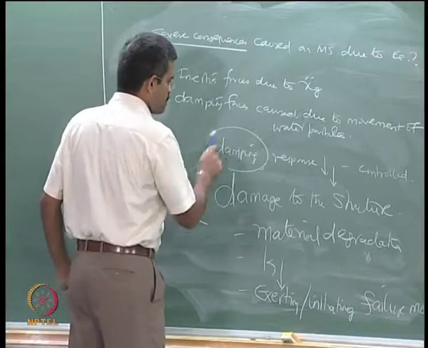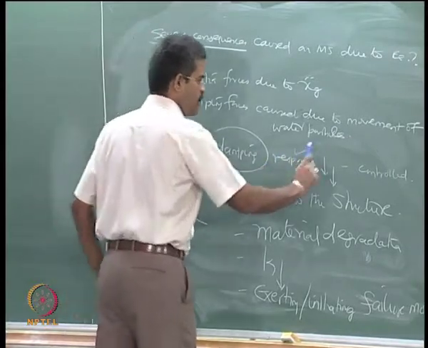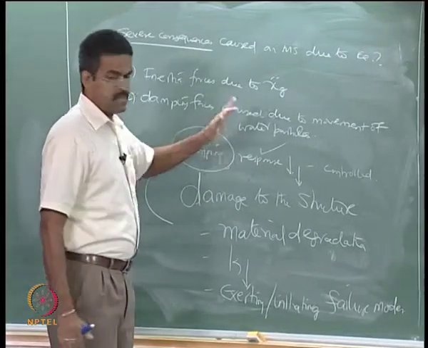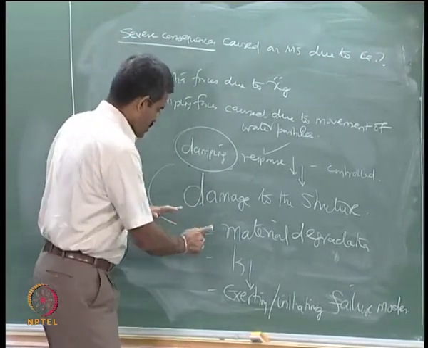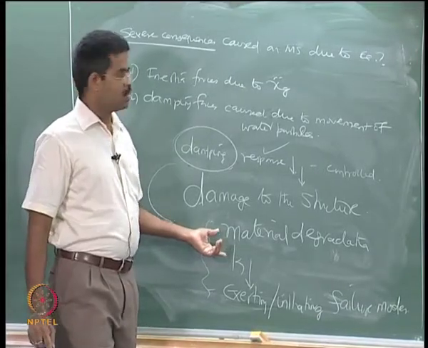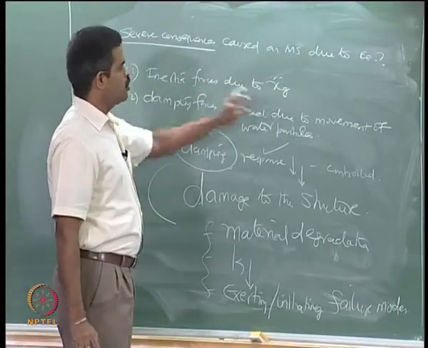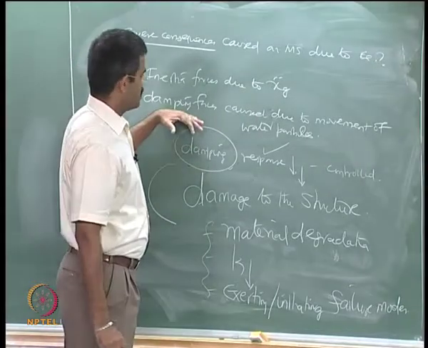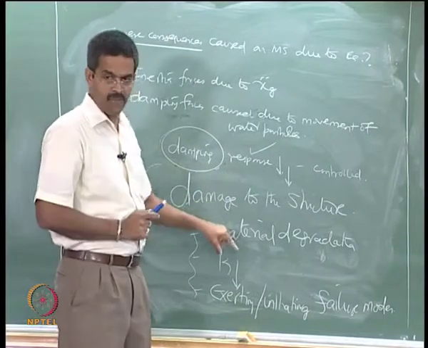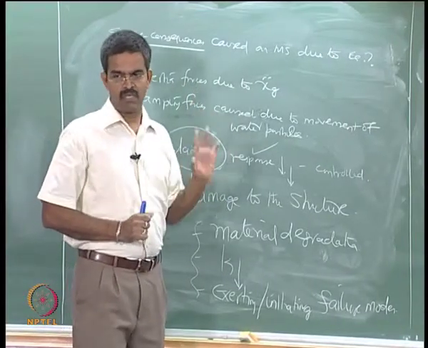So, damping, though it reduces response in the outer profile of the structure, implicitly is causing many negative aspects to the structure. So, earthquakes will introduce damping forces because of the movement of the water particles, which can cause damage to the marine structure.